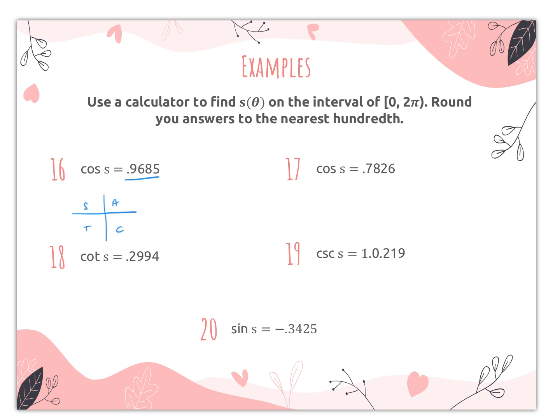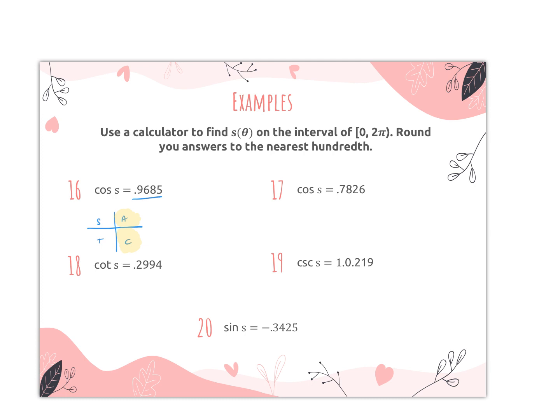And if you notice, my cosine is a positive value. Well, there are only 2 quadrants where my cosine is positive, and that's going to be in quadrant 1 and in quadrant 4. And so I need to figure out what is the reference angle so I can find the angles in those 2 quadrants. Quadrant 2 and quadrant 3 are out because I know that my cosine is negative in those.